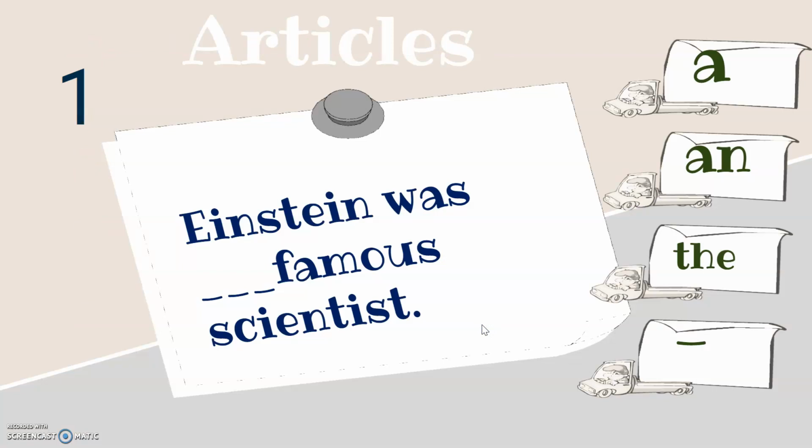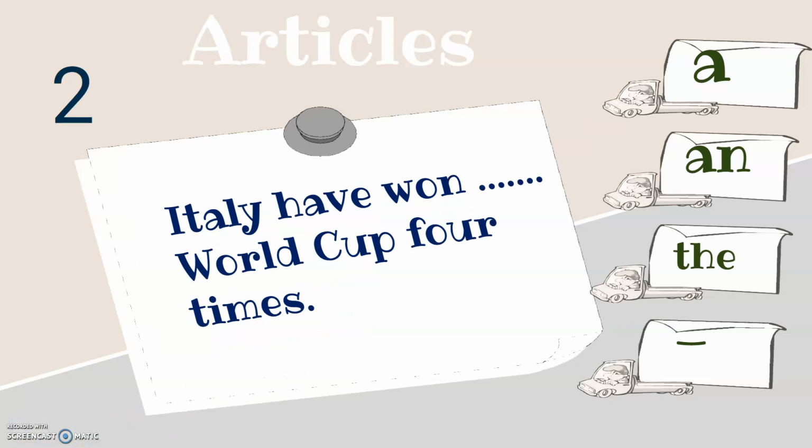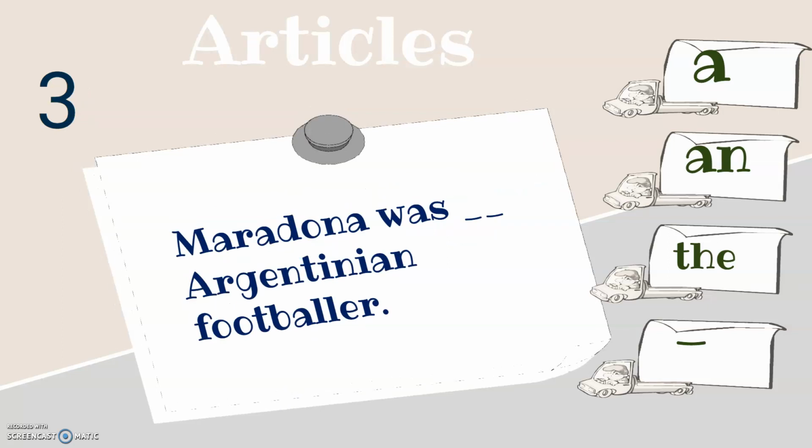Number 1: Einstein was blank. Number 2: Italy have won blank World Cup 4 times. Number 3: Maradona was blank Argentinian footballer. So do we say a, the, or do we not need an article?